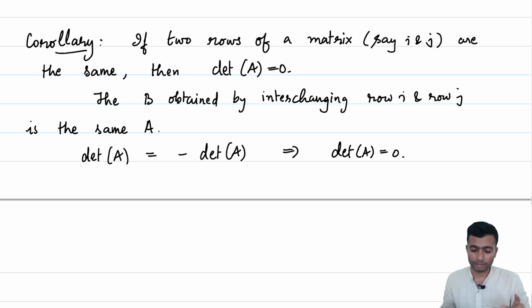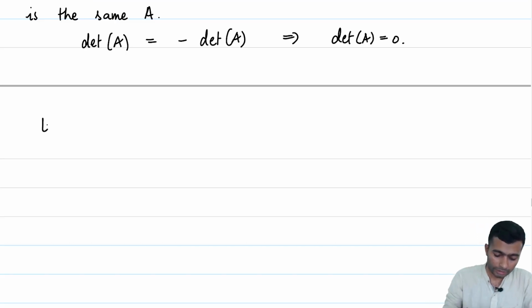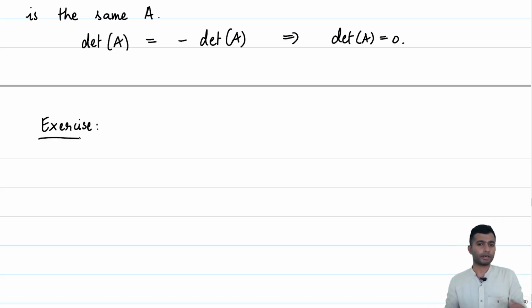So, notice that if we multiply A from the left by an elementary matrix of type 1, then the sign of the determinant changes. Also note that it is an exercise for you to check that the determinant of an elementary matrix of type 1 is equal to minus 1.